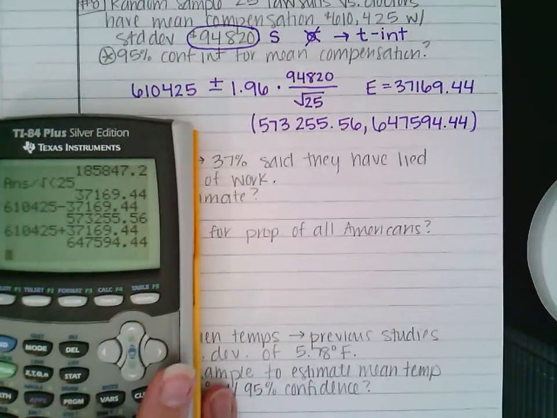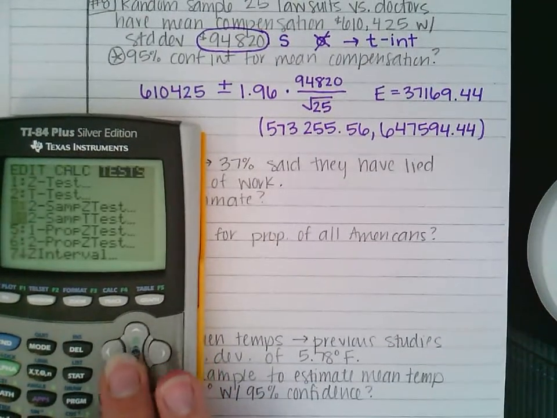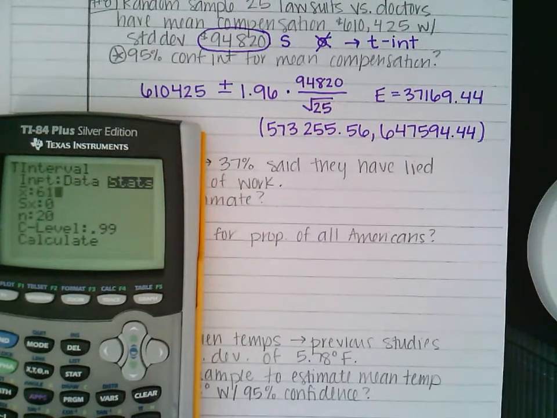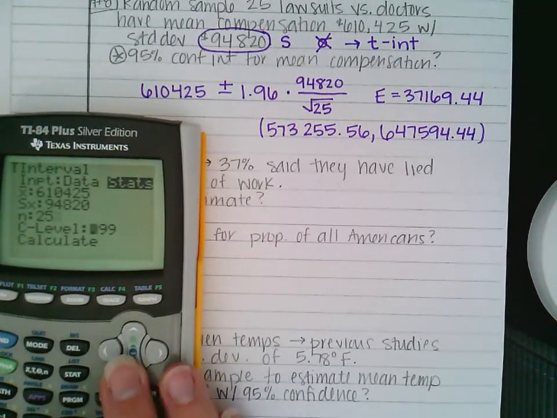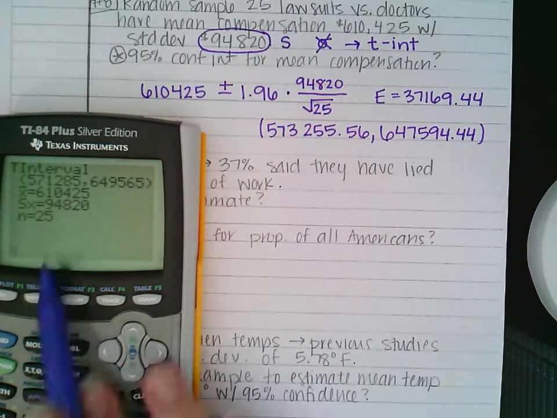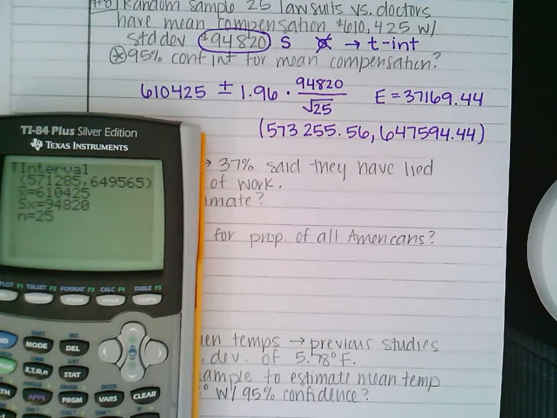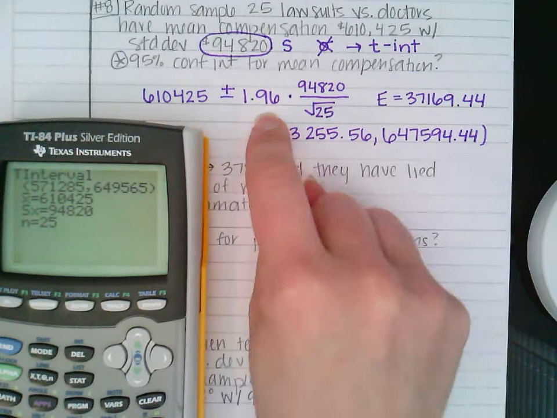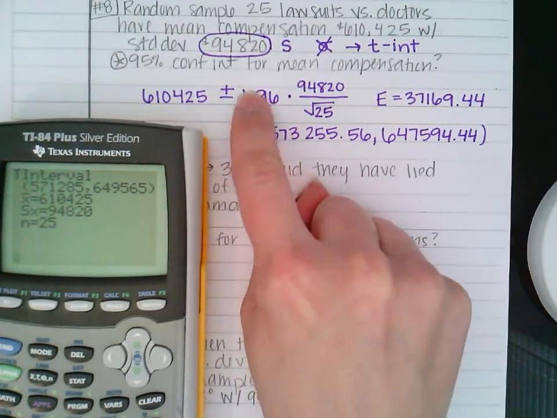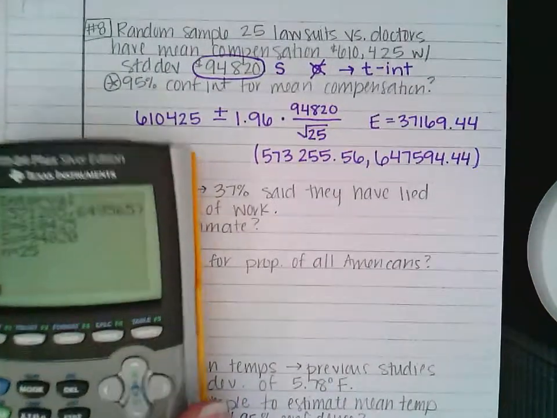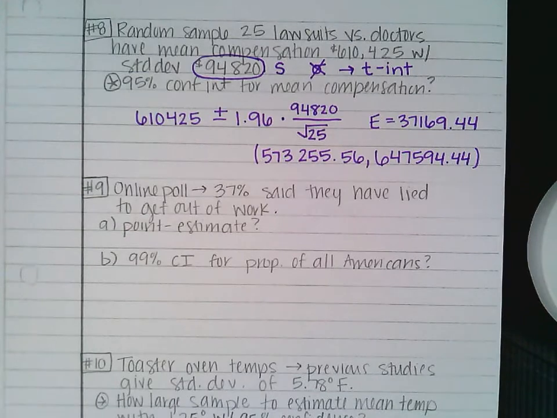Okay, and again, you can always check your answer by running a t-interval. Okay, and it will do exact values. We're pretty close here. Okay, it takes into account the correct t distribution to use here. I went with the default 1.96, which is also the z. Okay, and this is going to account for degrees of freedom of 24, and be a little bit more exact if you use your calculator instead of just using the table.